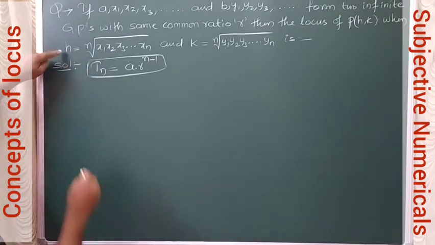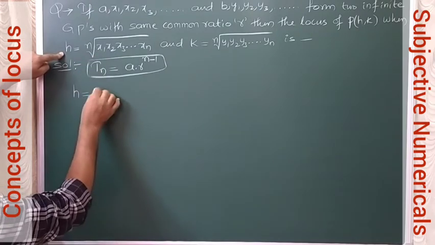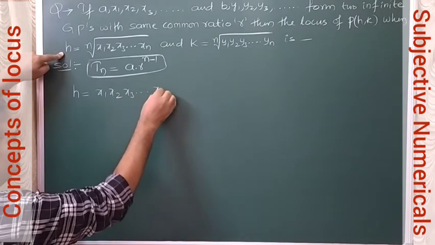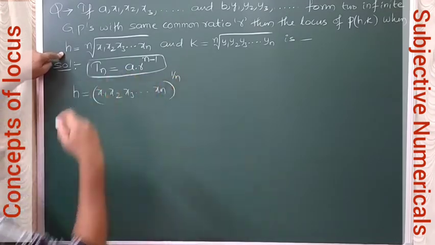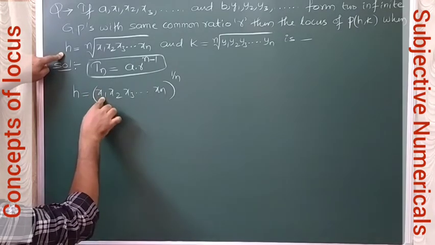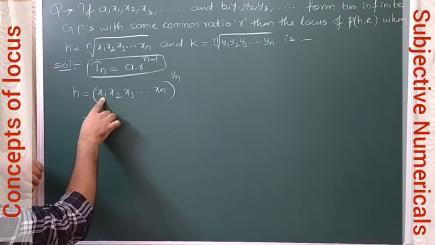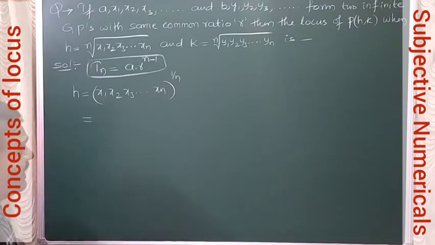Now let us take this h. The nth root means we can write (x1, x2, x3 and so on up to xn) whole power 1 by n. So what is x1? x1 is actually the second term of this GP, so find the second term using the nth term formula.